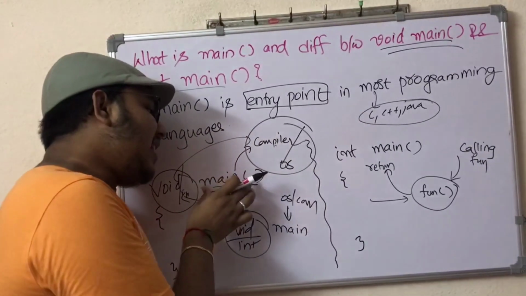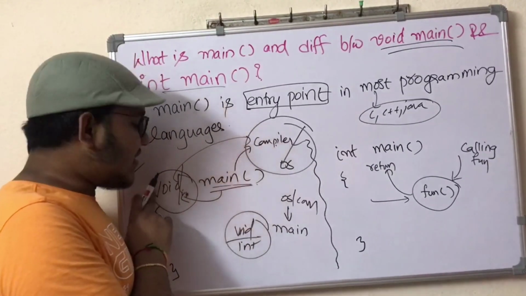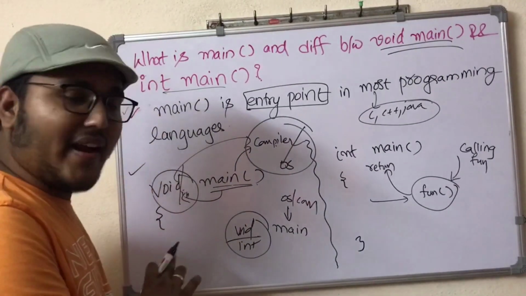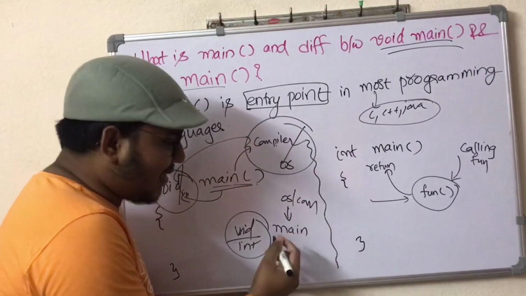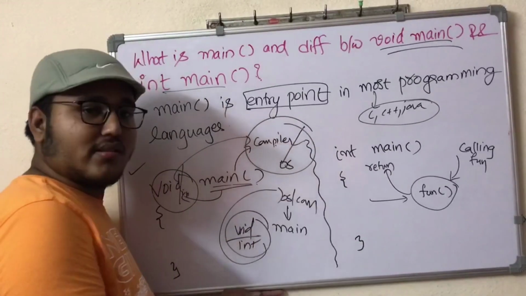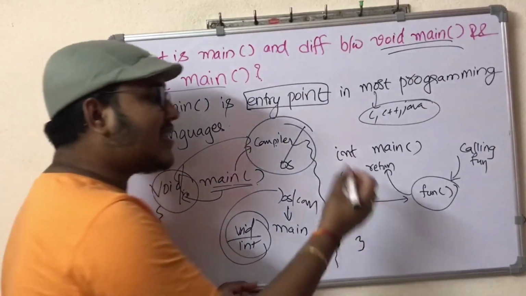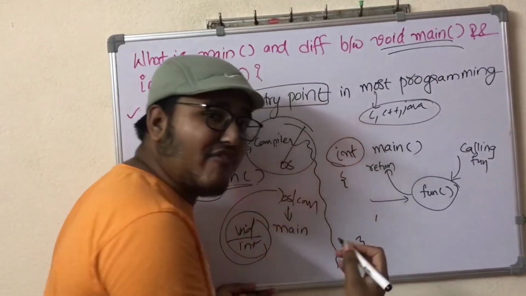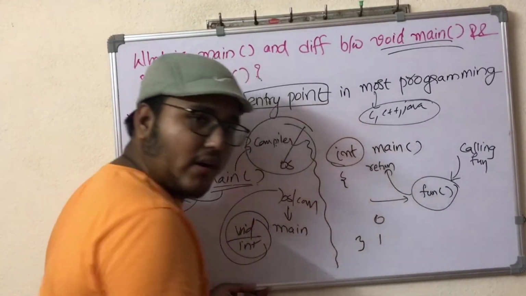So if the main function returns int or returns void, what happens? If it returns void, it is returning nothing to the operating system. If it returns int, generally we can return 0 or 1.